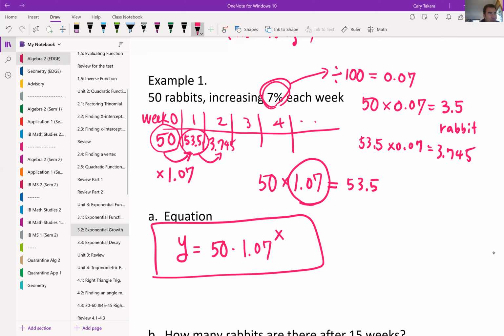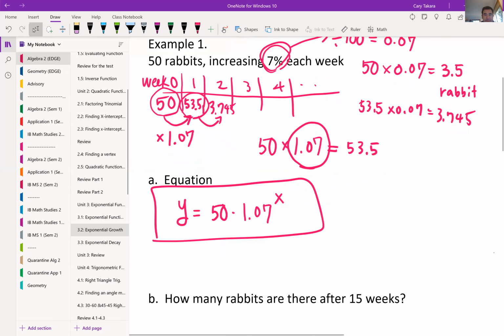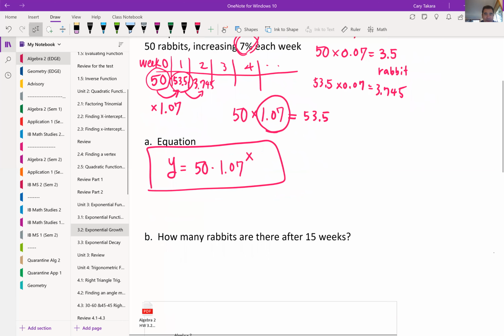Now I'm going to go over one more time and give you the step-by-step method of figuring out 1.07, okay? So that will be the equation. And then if you want to figure out, let's say 15 weeks, how many rabbits do you think we will have after 15 weeks? Actually, what do you guys think?